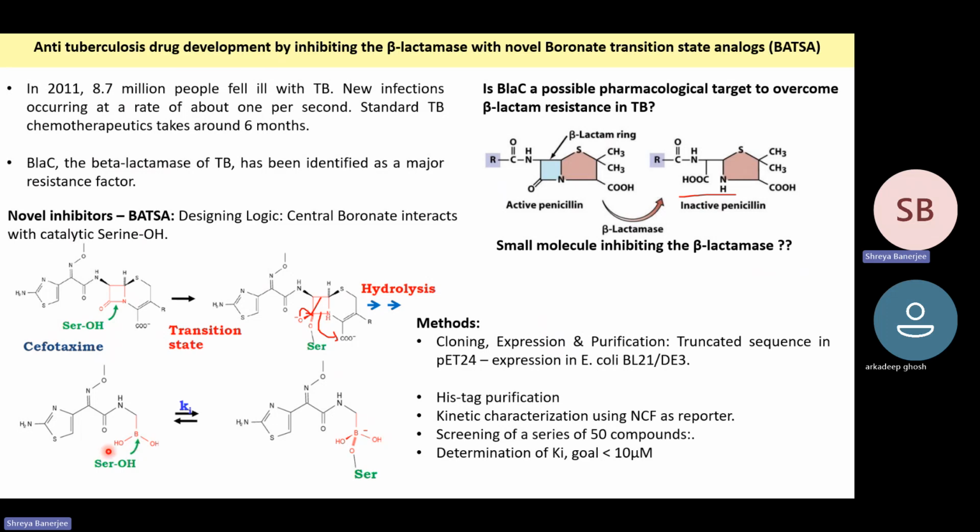You can see boron attached to two OH groups, this boronate residue. What this is doing is that serine, instead of attacking this four-membered ring, is attacking the boron, and so it is preventing the opening of the beta-lactam ring. So this was the novel inhibitor that was designed, which would prevent the serine from deactivating the beta-lactam ring.